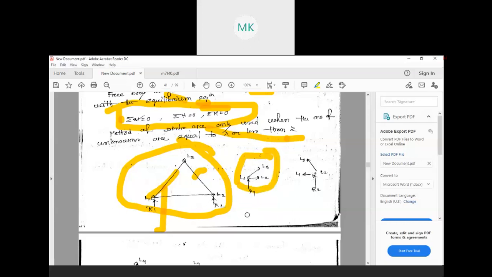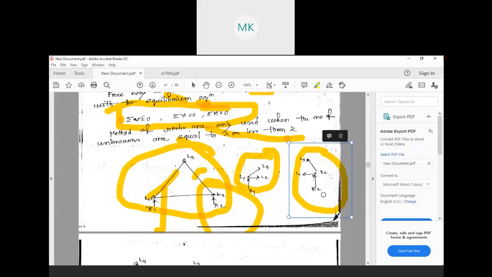You see from below, the reaction R1, and on the right side one member is going up through L2 and one is going to L3. Similarly, if we take this, you will get one structure like this.